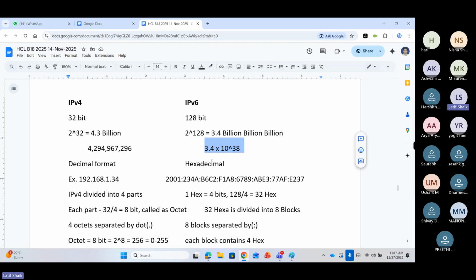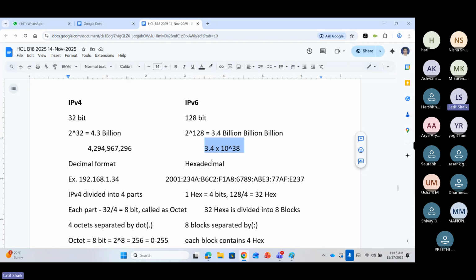IPv4 has a limited range only, but IPv6 is a practically unlimited range of IP addresses. There is a limit, but really it's unlimited. And IPv4 is represented in decimal format, IPv6 is represented in hexadecimal format.